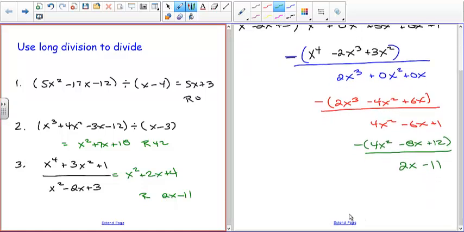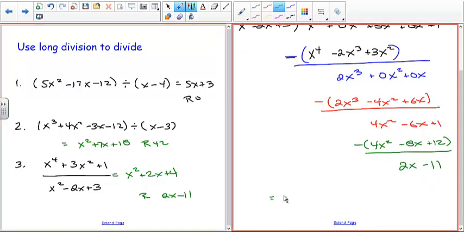Another way of writing it is x squared plus 2x plus 4 plus 2x minus 11 divided by the original denominator, like that. So that's what we get.